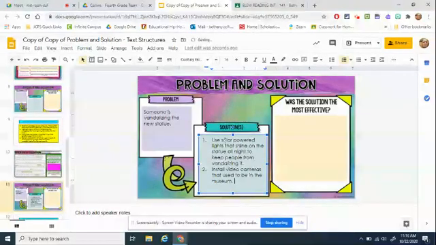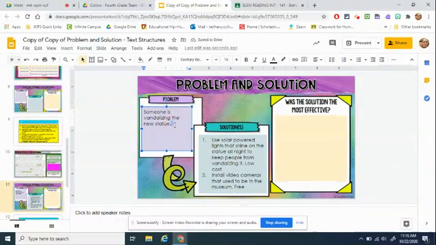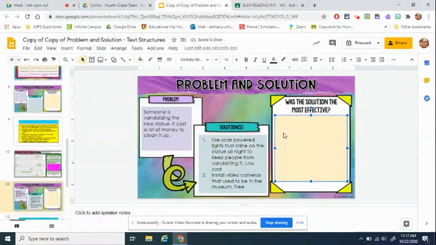And that is free, low cost. Okay, part of this problem is also it costs a lot of money to clean it up. There's a money component to the problem here. Was the solution the most effective?